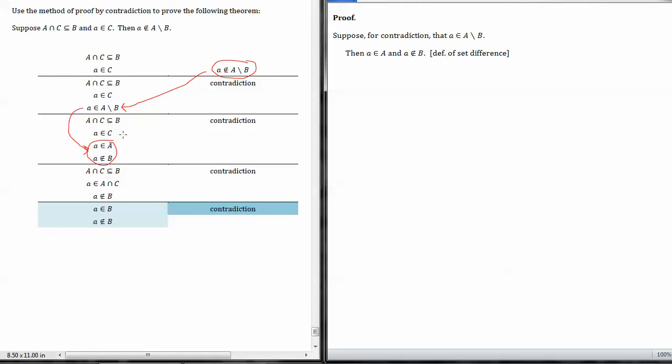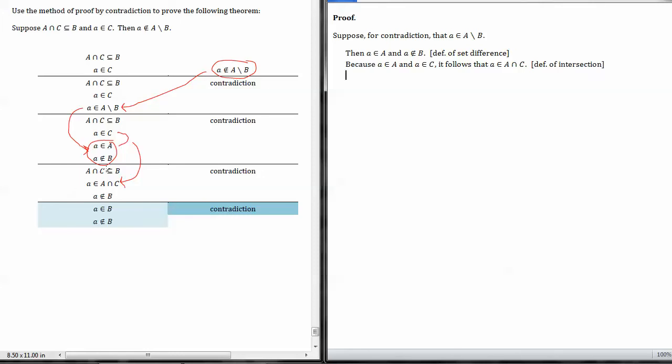And next, because A was in both C and A, we can summarize that by saying that it's in the intersection of A and C. So because A is in A and A is in C, it follows that A is in A intersect C, just by the definition of intersection.